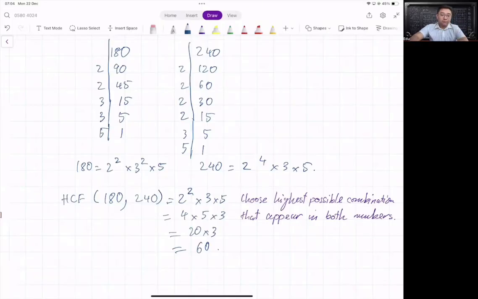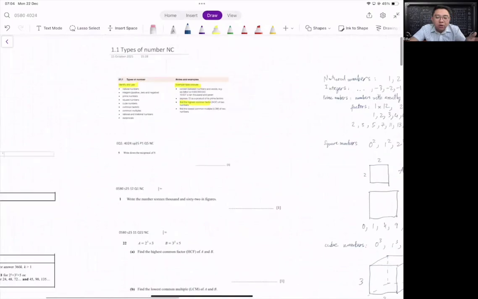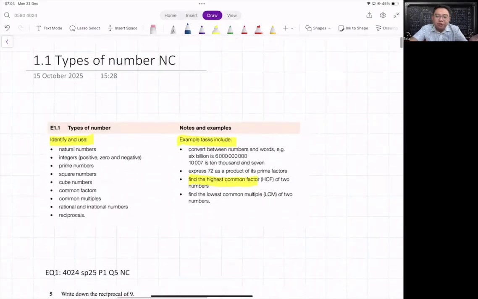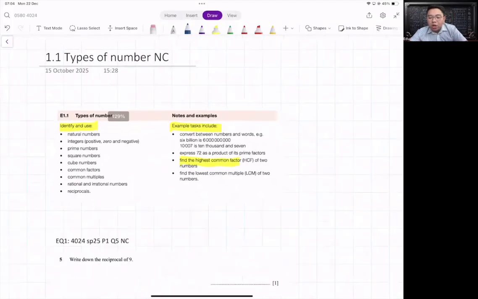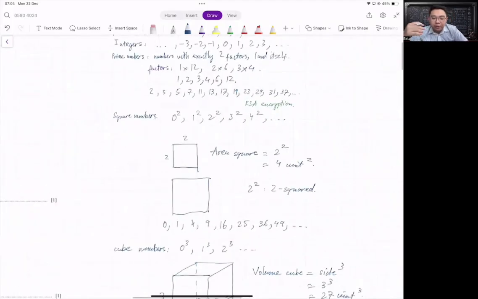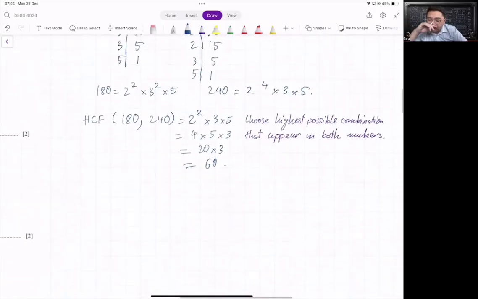Okay. Your multiplication skill, addition skill, which is called mental arithmetic, has to be strong, because we have something called no calculator requirement. Okay, so you will not be able to punch in the calculator to get everything you want. All right.